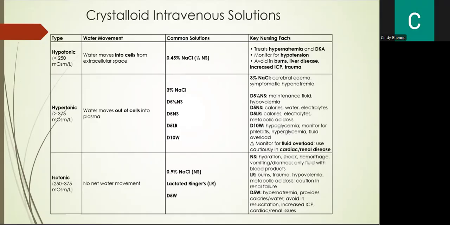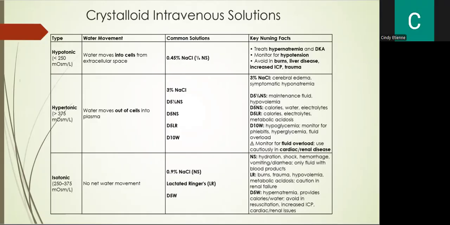Next are hypertonic fluids such as 3% sodium chloride. There's more solute than the cells. Another example would be D5-half-NS, D5-NS, D5-LR, D10W. These fluids pull water out of the cells and into the bloodstream.